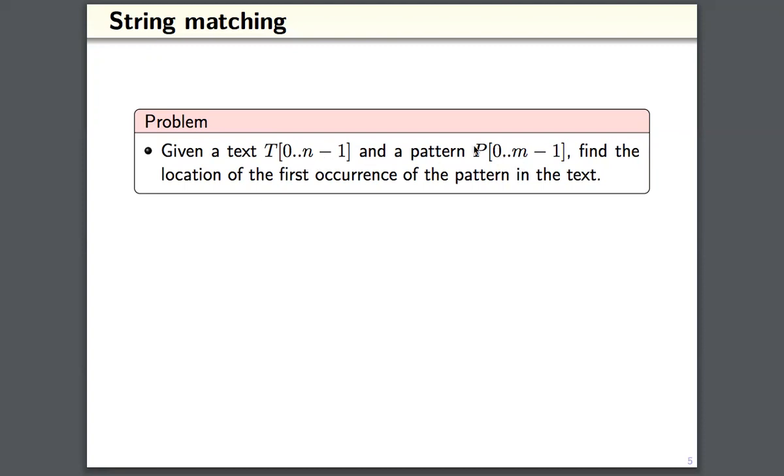Okay, so as I was saying before, one application is Google search. Suppose you search for a keyword elephant and you got a web page. There might be multiple occurrences of elephant in that web page. You want to find all occurrences or the locations of all occurrences.